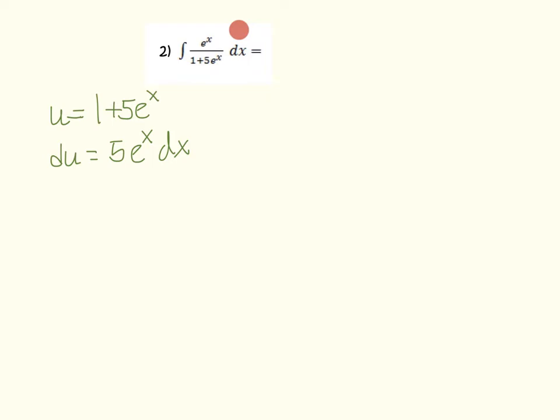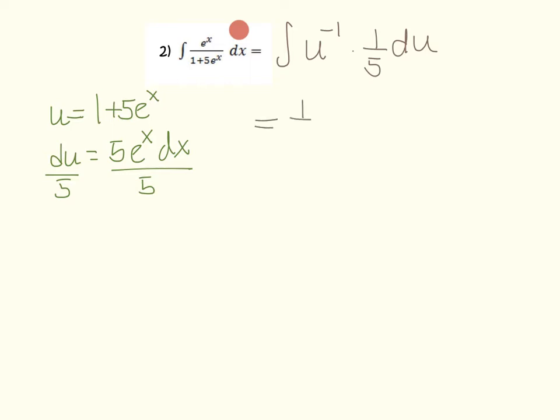All we have to do is divide by 5 both sides, and then we're ready to do the substitution. The substitution would be the integral of u to the negative 1 times 1/5 times differential of u, because e to the x times dx equals 1/5 differential of u.